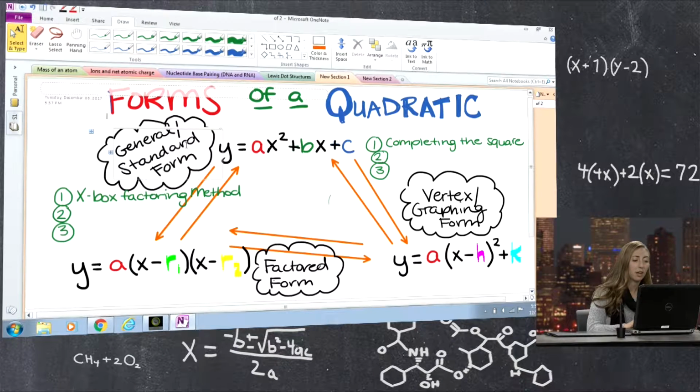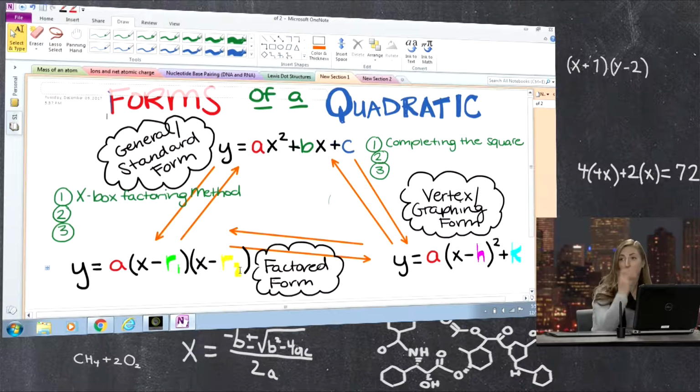We've got general or standard form of a quadratic that looks like this, y equals ax squared plus bx plus c. We also have what's called vertex or graphing form of a quadratic, which is really great if you are trying to graph a quadratic. It gives you a lot of good information that could help you graph something quickly.